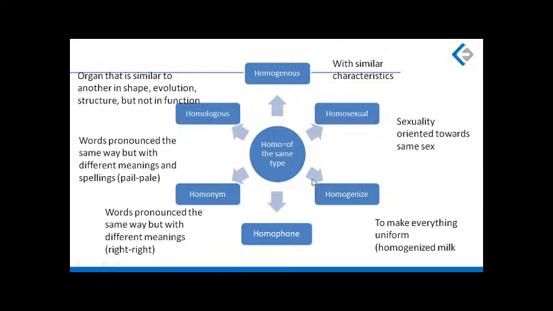So if you say that humans use legs and animals also use their legs to walk, correct. But humans use hands for many different purposes. Animals might not be able to use their front limbs for all the same purposes.